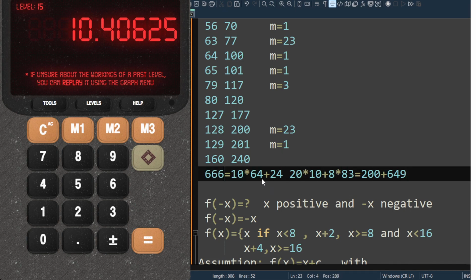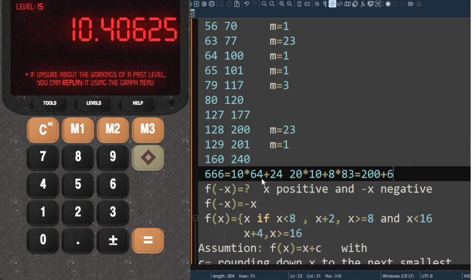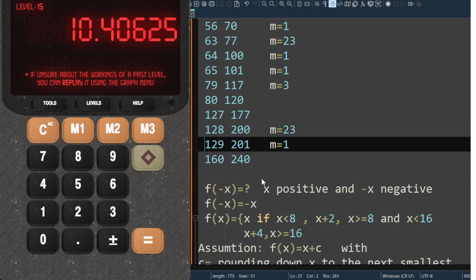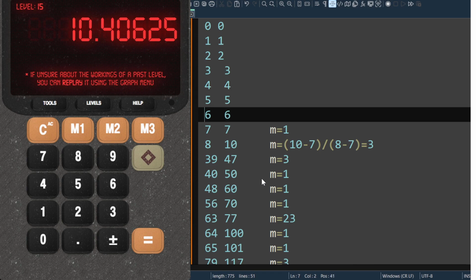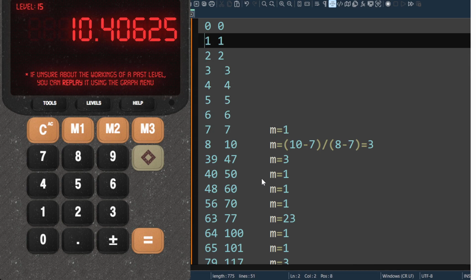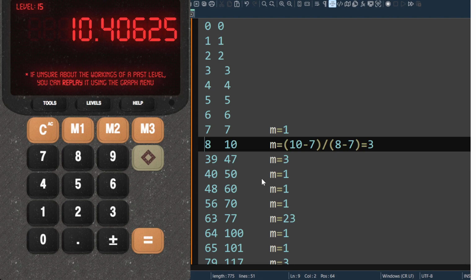Yeah, okay, I get the problem. What am I doing right now? Right now, I am looking for a way to express 666. We know how the function behaves. We have already figured out that part. We have figured out that every time we increase our function's x component to something higher than the next multiple of 8, our function's value increases by 2.